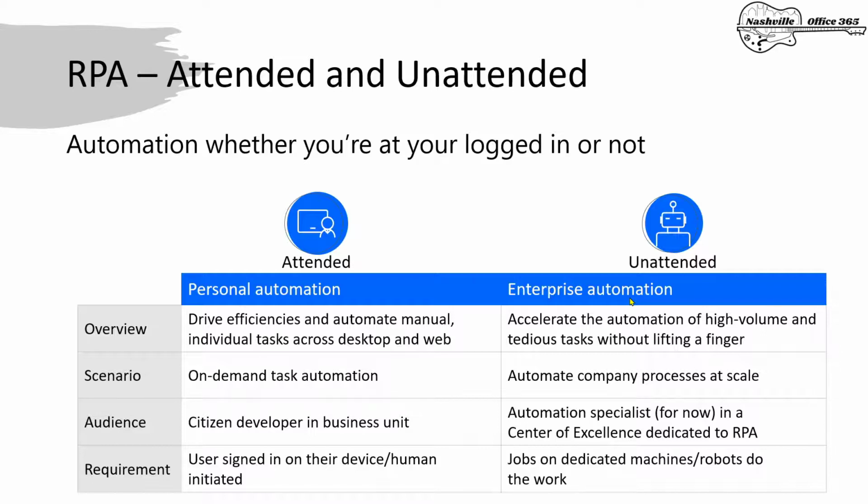Now the unattended version, the major difference is that the requirement to even run the unattended version is that there cannot be anyone logged into the computer. The computer must be up and running, but there cannot be any active session of any user. And whereas the attended can be just a single instance, the unattended can have multiple instances running on multiple virtual machines, for example.